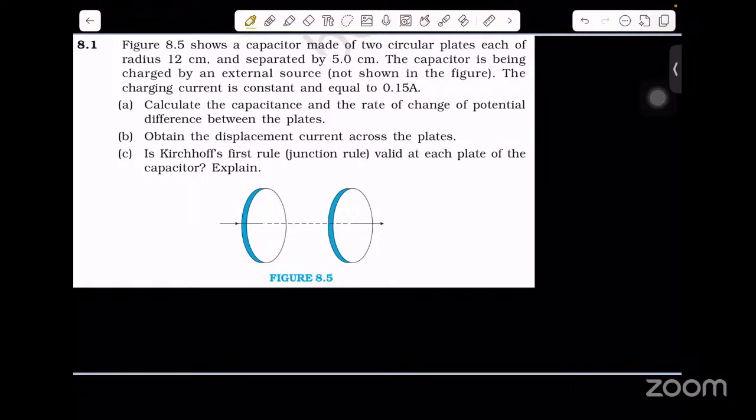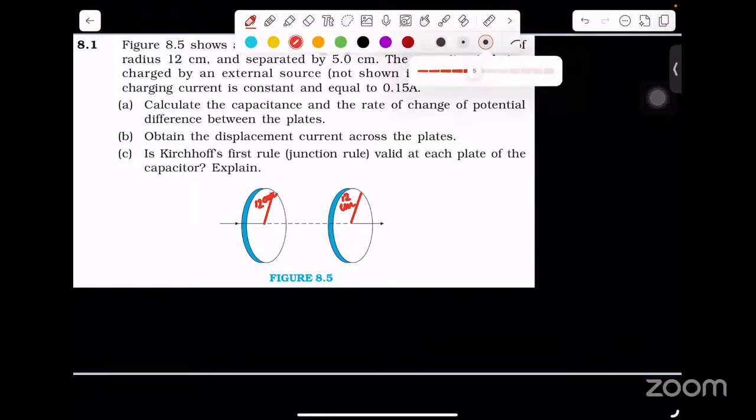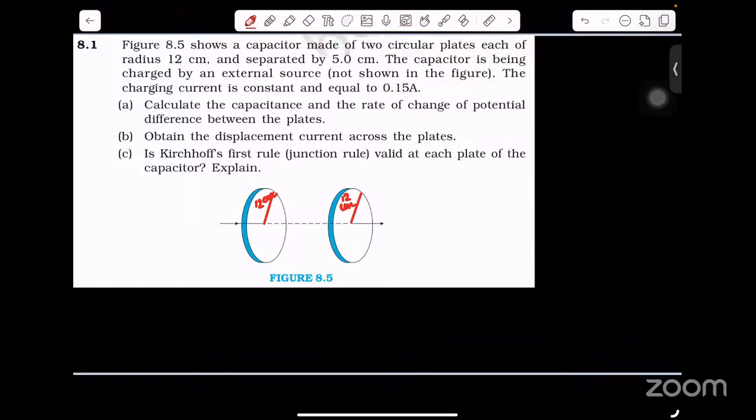So what the question is saying, this radius is 12 centimeters, this radius is also 12 centimeters, and this distance of separation is 5 centimeters. So this much has been given to us.